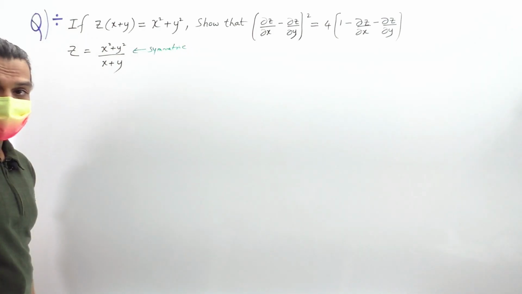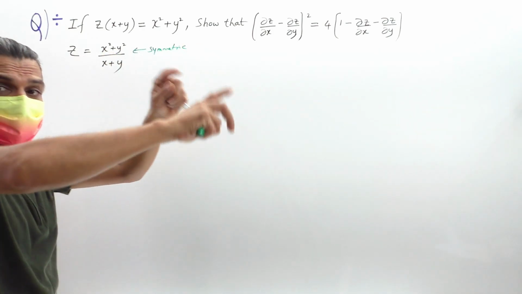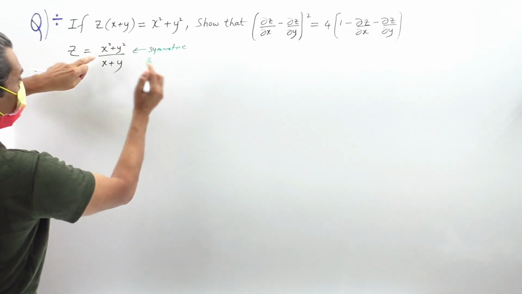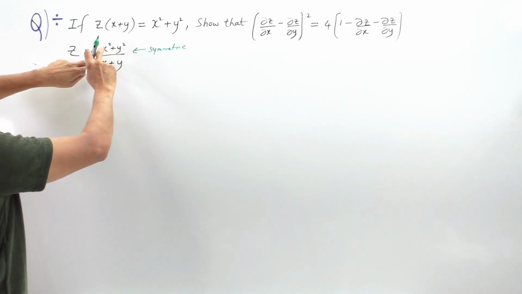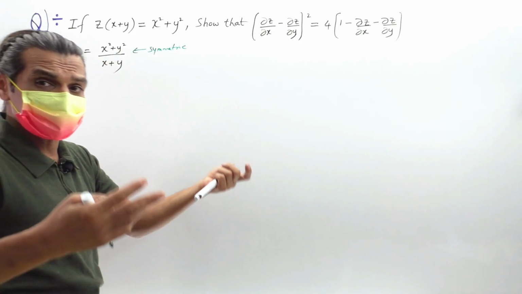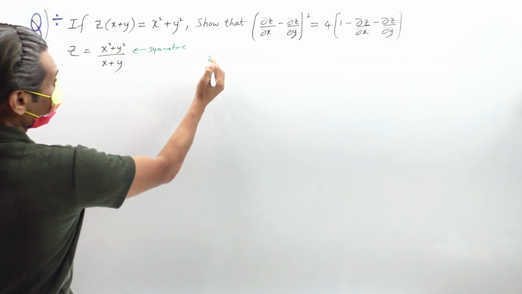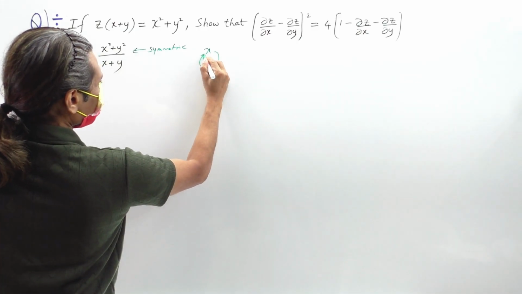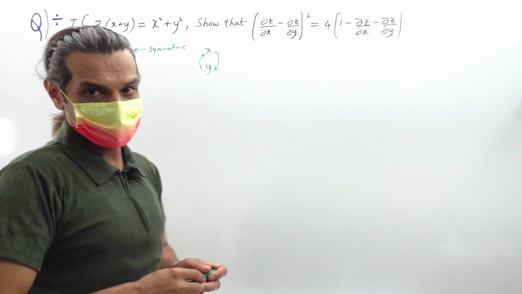Why? Because see here, if I change x to y, y to x, the question remains same. If I change x to y, it becomes y square plus x square upon y plus x. It remains the same. It's a symmetric function. So, x becomes y and y becomes x.